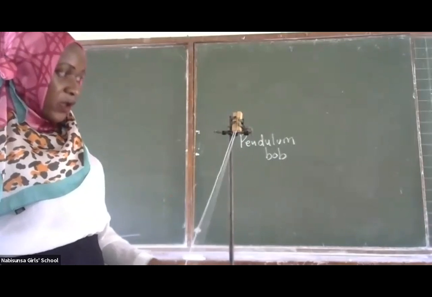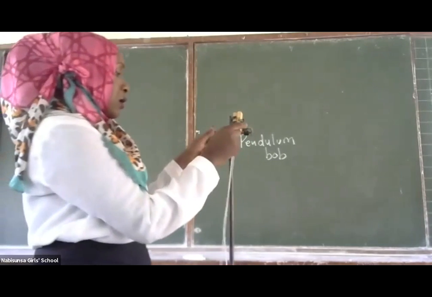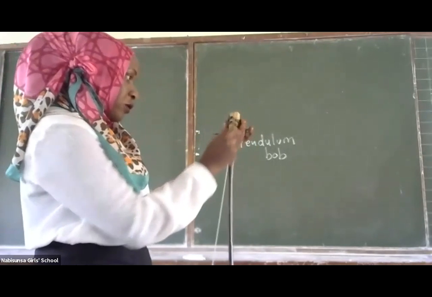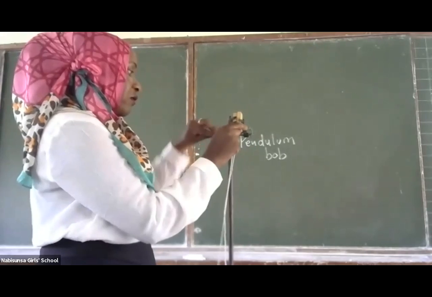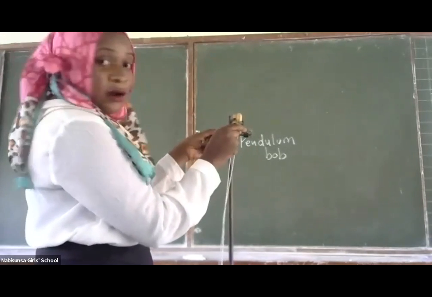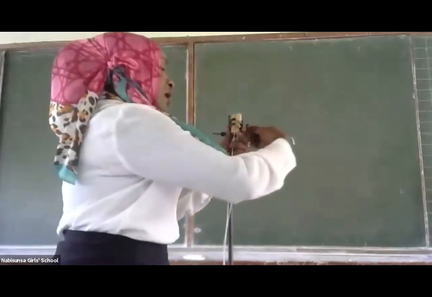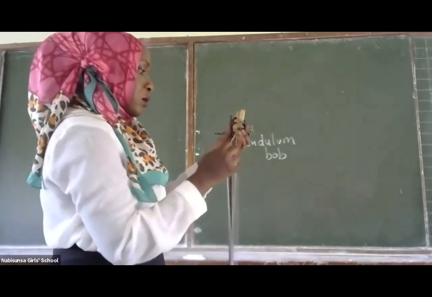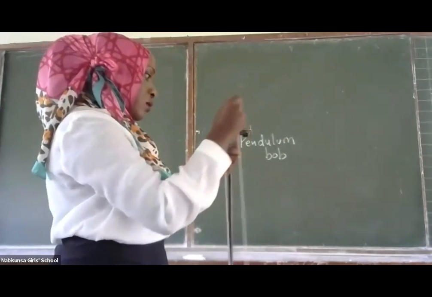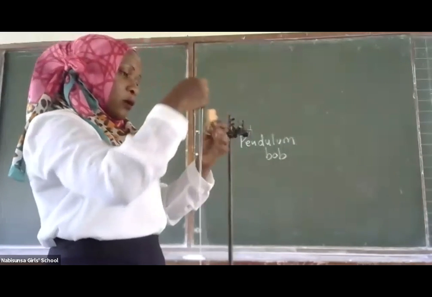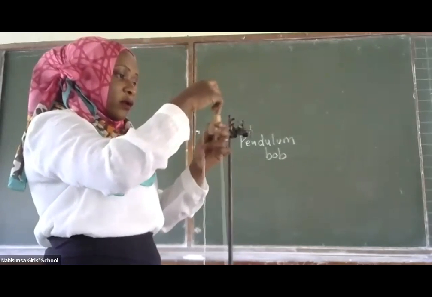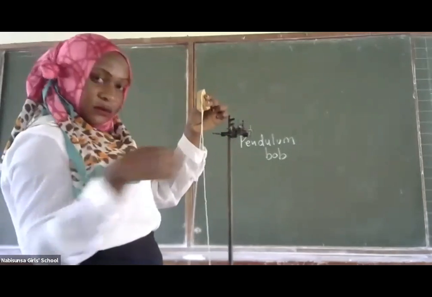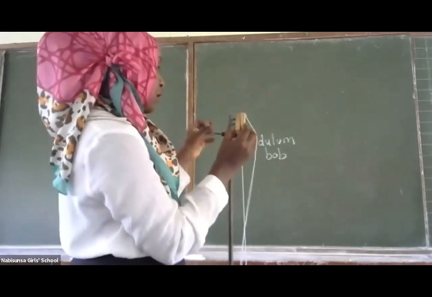We get this string and tie it on the pendulum. I want it a little longer, so I want to adjust it. Oh, when I over adjust it, you won't be able to see. So let me take it back to where it was. I think there you can see, okay?